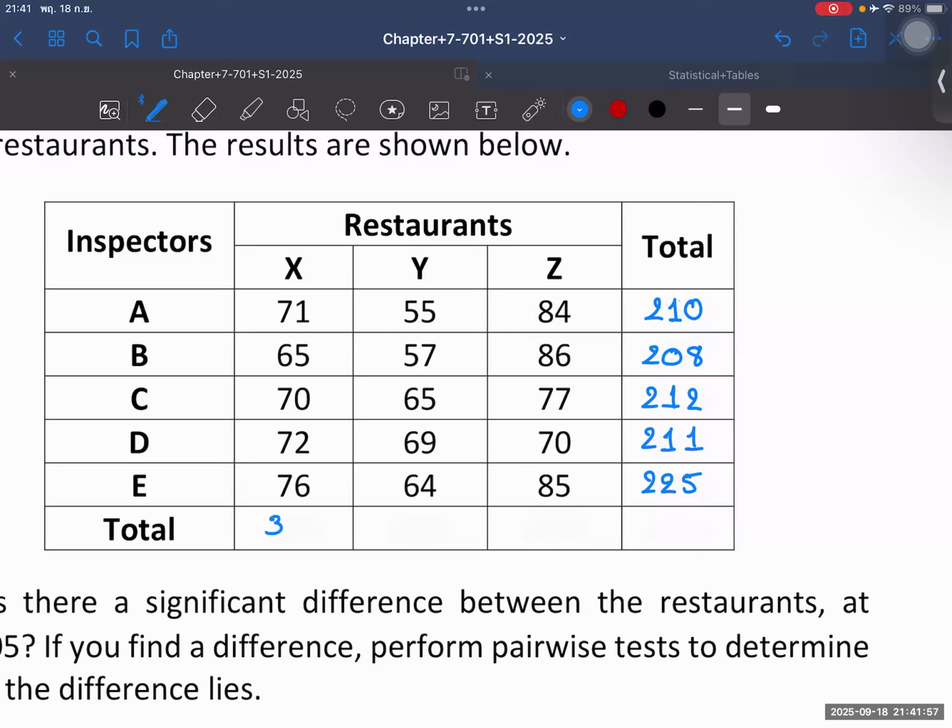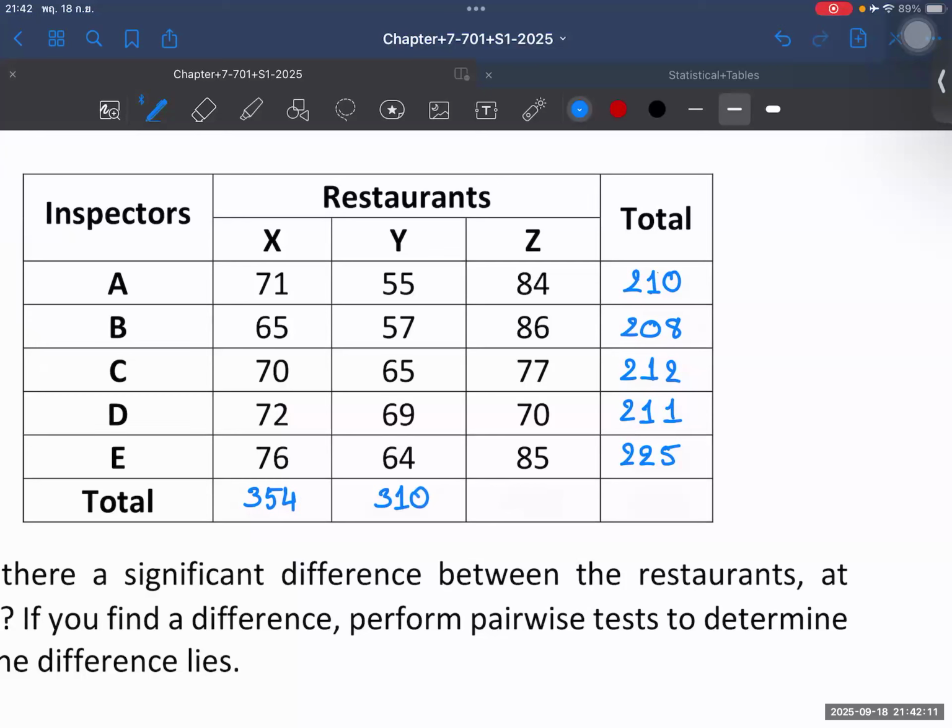Then I get 354. I get 310. I get 402. So I find the sum of the sums for the rows. I get 1066.